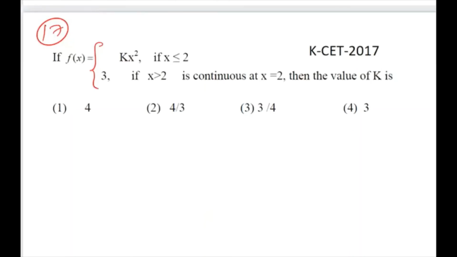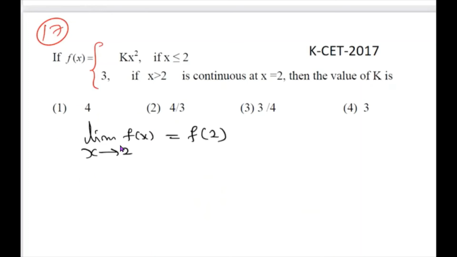Now, in this question, the function is given to be continuous at x equal to 2. Now we need to find the value of k. So since the function is continuous at x equal to 2, limit of the function as x tends to 2 will be same as f of 2.